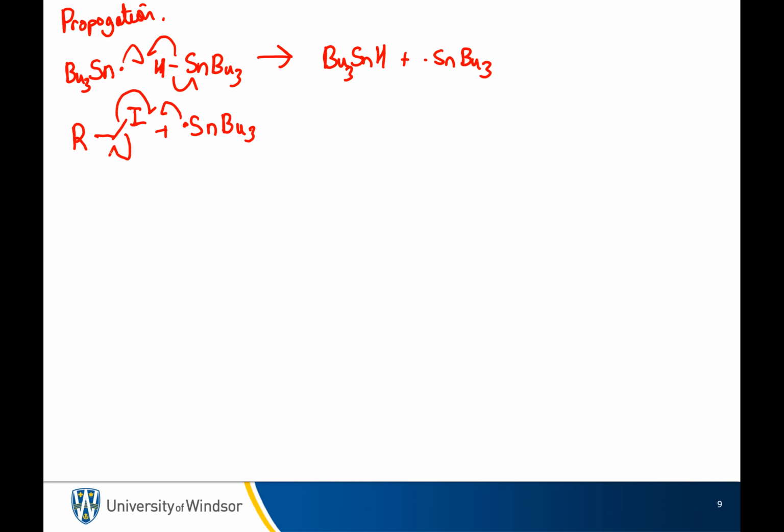You can look up bond dissociation energies if you like. I don't want to. They are boring. Ha! We generate a new radical, which is now going to react with the most reactive bond in the system, which is still the tin hydride, because that has never changed.